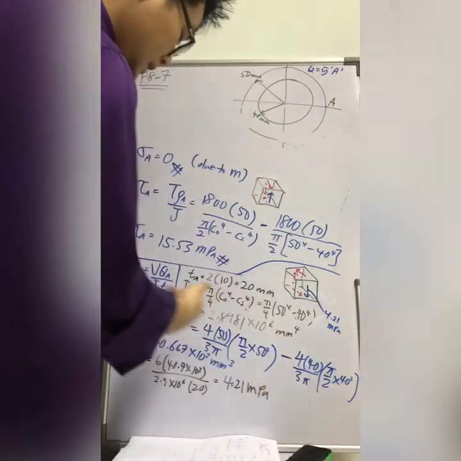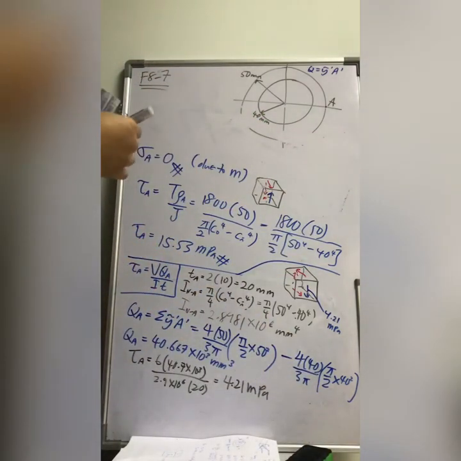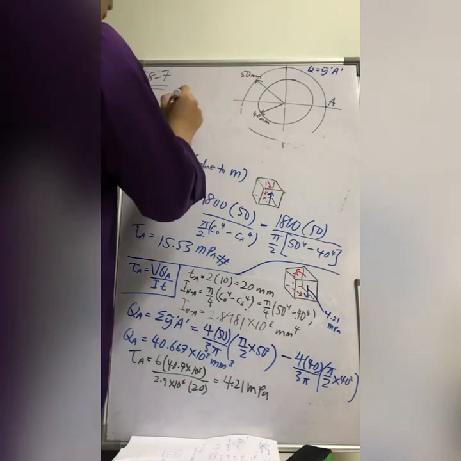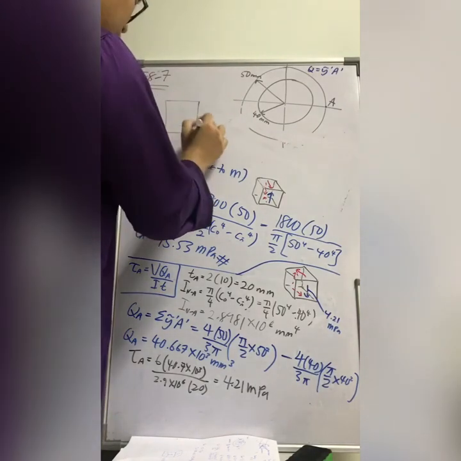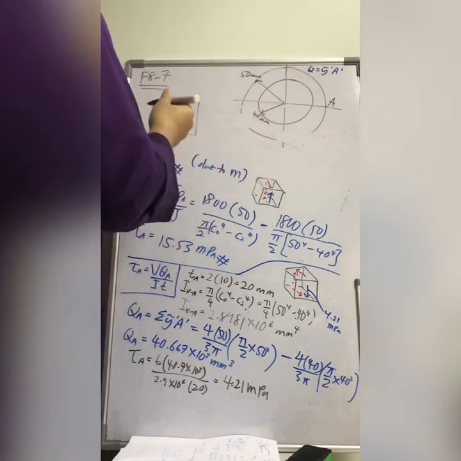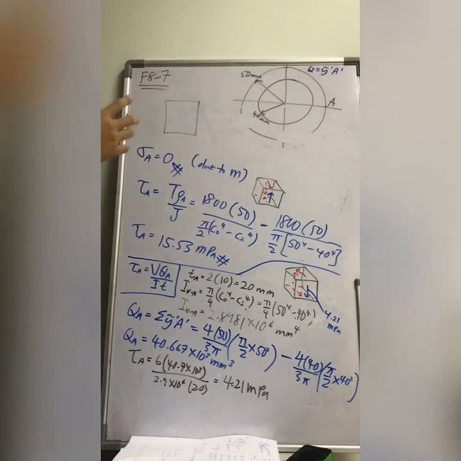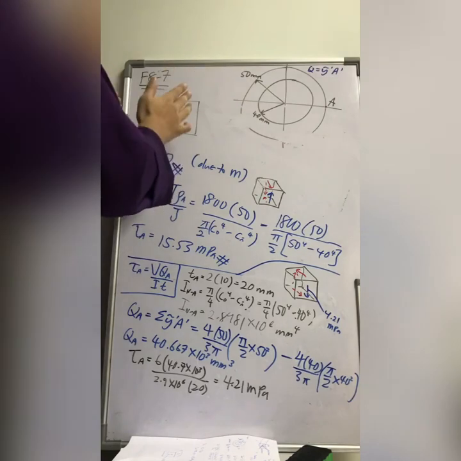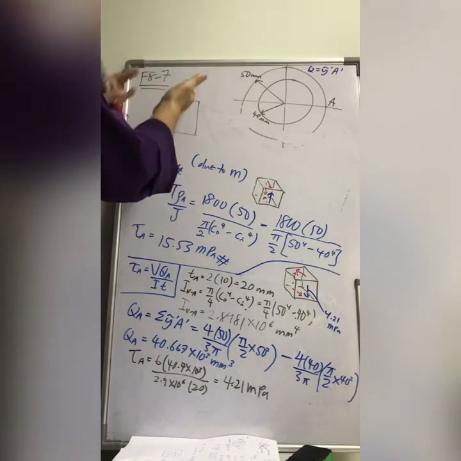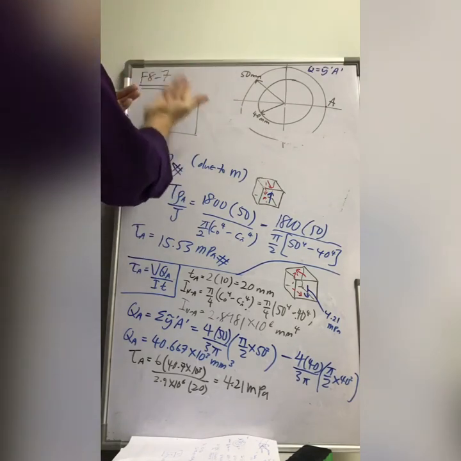And what is the final tau A in this case? Can you see that? This is the face. Let's focus on this face first. This surface A. Of course, in this case, there is no sigma. Sigma is 0, so you don't have anything coming this way.